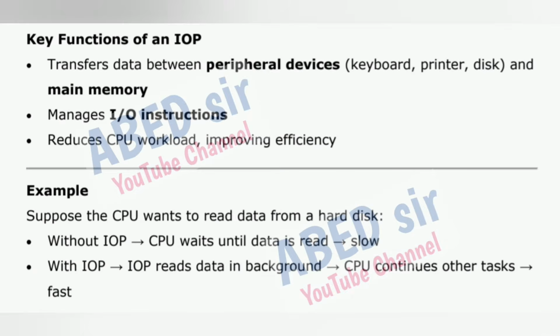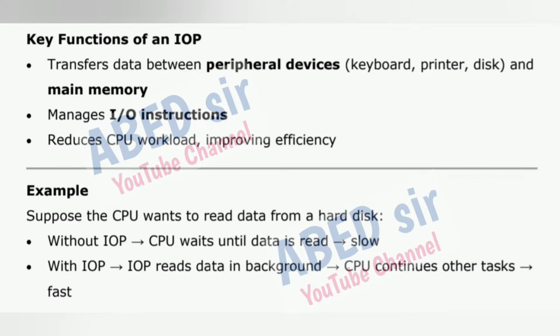instructions. Key functions of an IOP: transfers data between peripheral devices, keyboard, printer, disk, and main memory. Manages I/O instructions. Reduces CPU workload, improving efficiency. Example: suppose the CPU wants to read data from a hard disk.